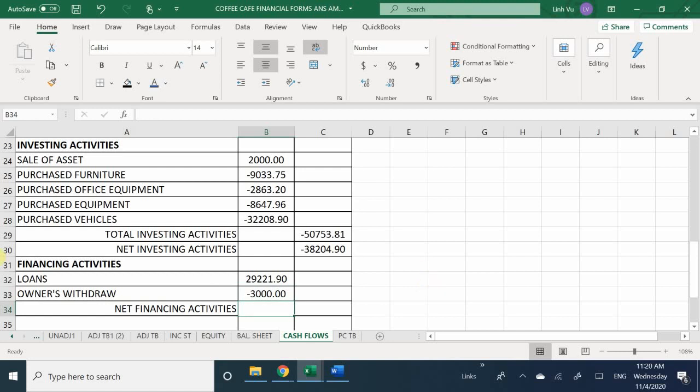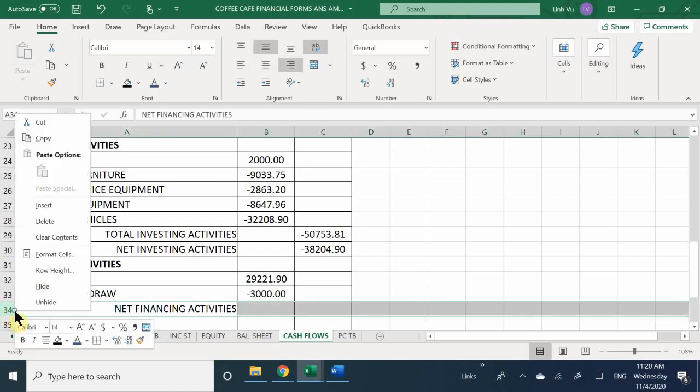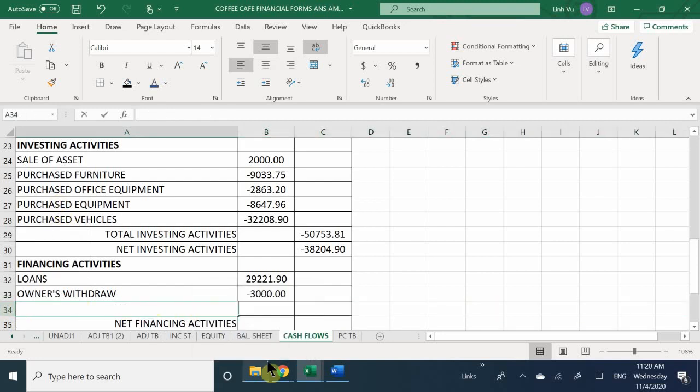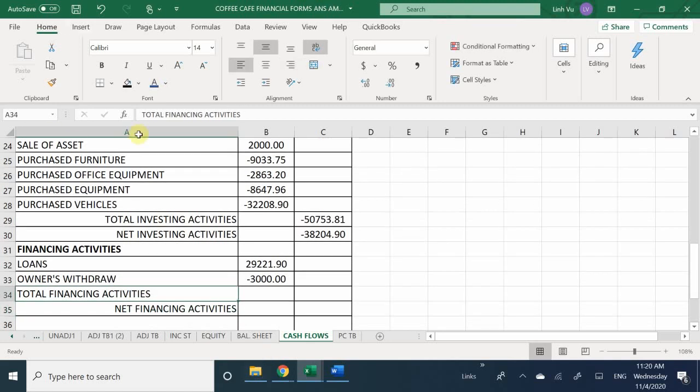So now I gotta do one more insert here. So I have my total financing. Okay, and I'm gonna place that on my left side.